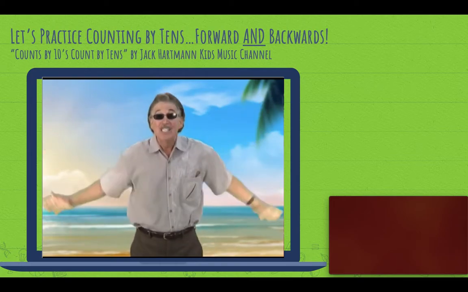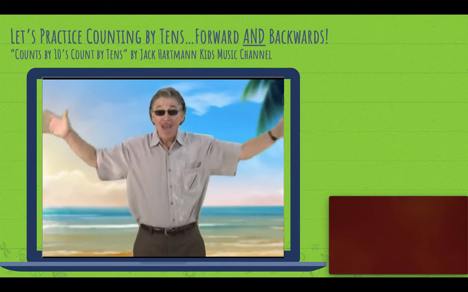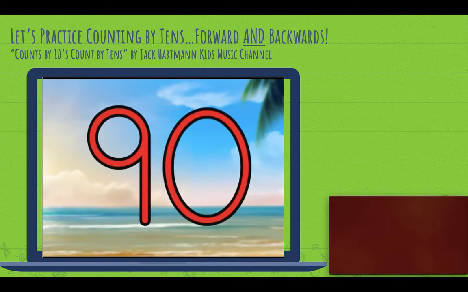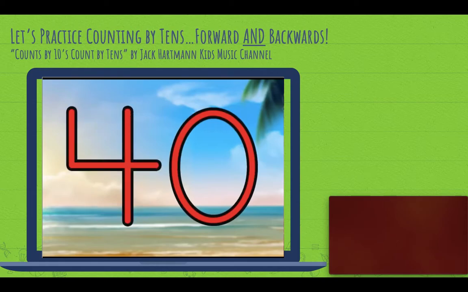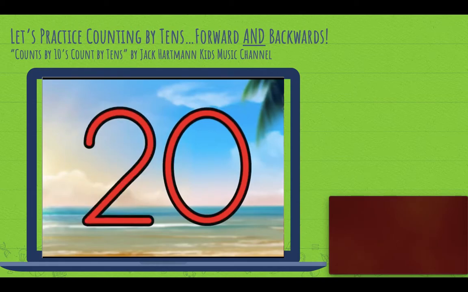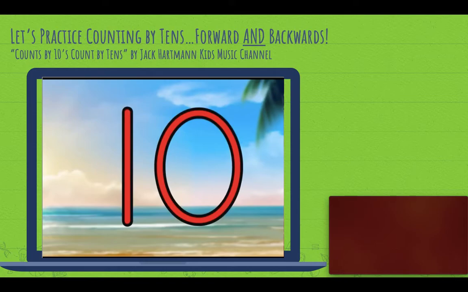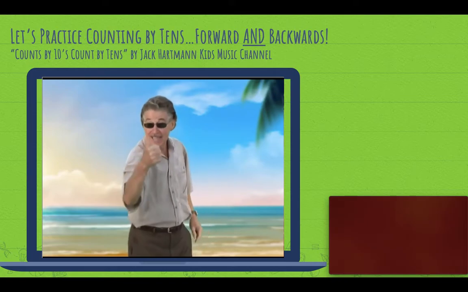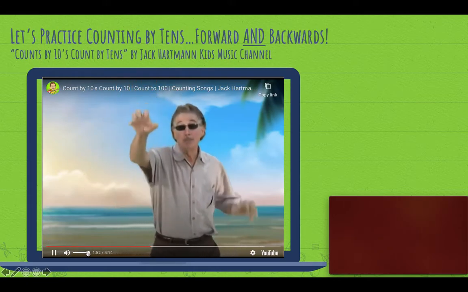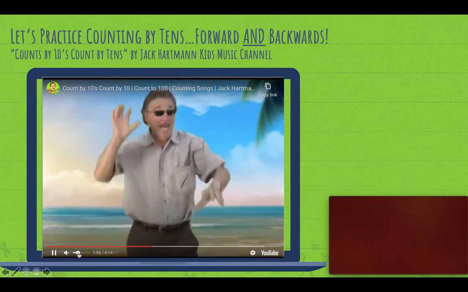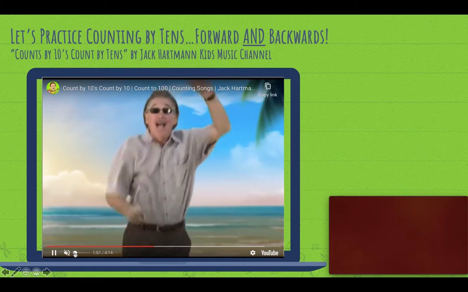Take it back, circle backward and count back. 100, 90, 80, 70, 60, 50, 40, 30, 20, and 10. Just like that, you can do it just like that. Now climb to the mountaintop way up high, count by tens.